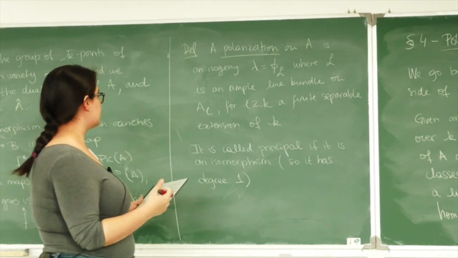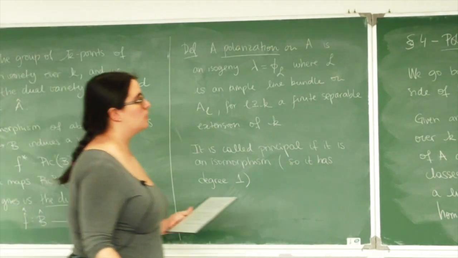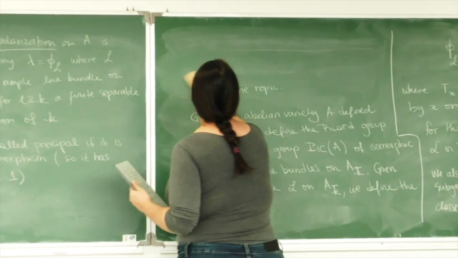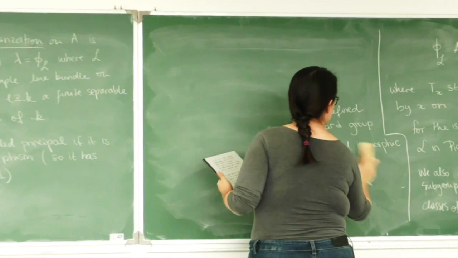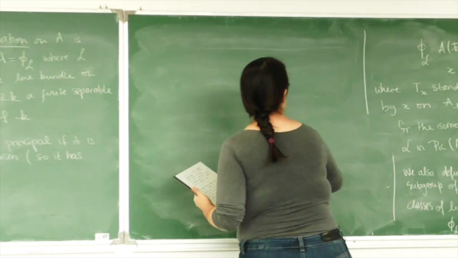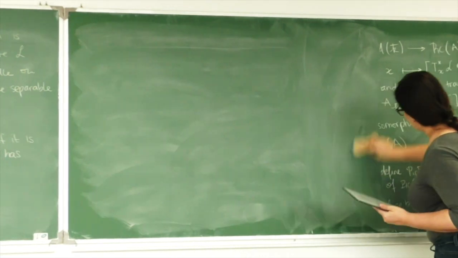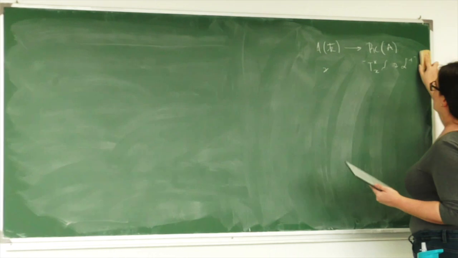And once that we have defined polarization, we can say what is a polarized Abelian variety. And keep in mind that these are two different objects that have two different arrows or morphisms associated to them. So we can look at Abelian varieties by themselves, and that gives us some results.